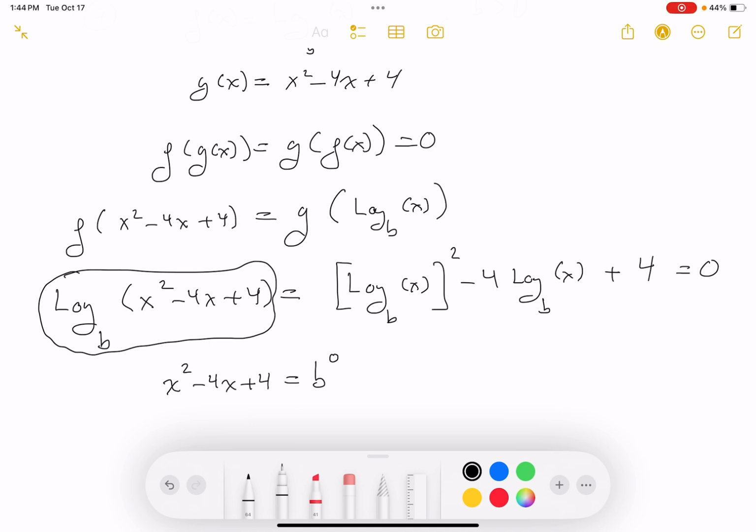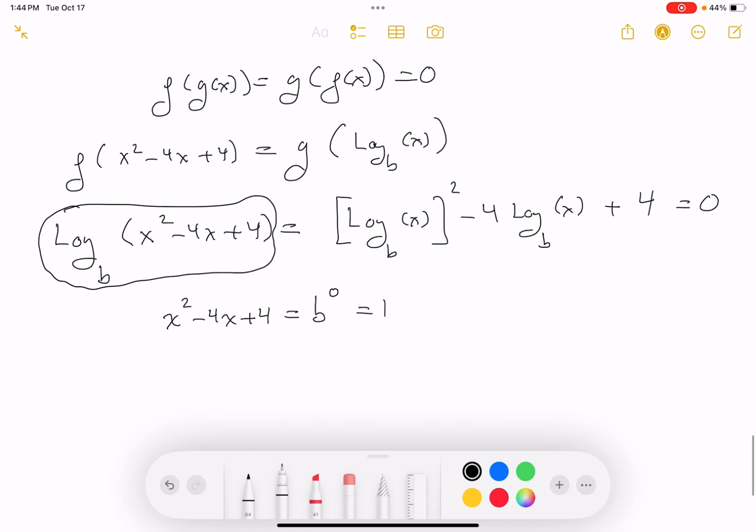Well, what's b to the 0? Well, if b is greater than 0, b to the 0 is going to be equal to 1. So I think I'm close to getting an answer. I may not know what b is, by the way, but I'm going to say this is plus 3 now, equals 0. Let me see if I can factor that.